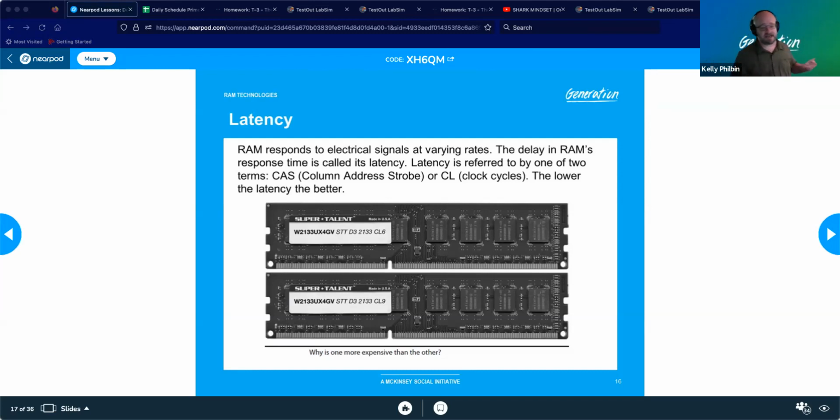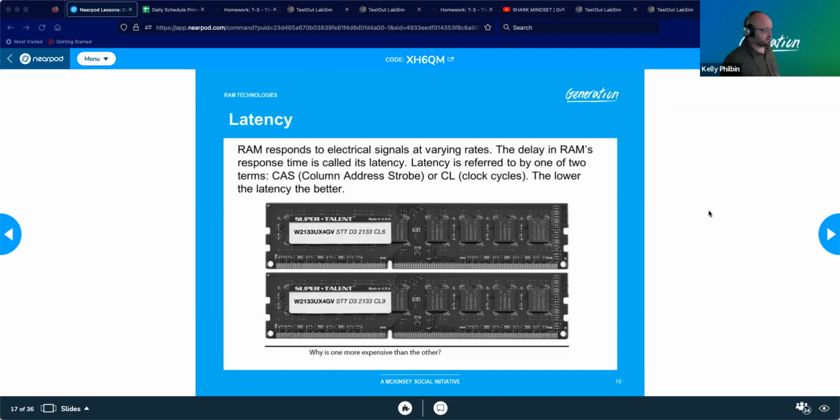Well, delay can come in all different places. RAM is another one. And so on your RAM modules, they'll give you your PC speed rating, which right here would be your PC speed rating, this is 2133. And then they will give you a latency number, and they refer to it in one of two different ways. So they will either talk about it as column address strobe, or CAS, or CL for clock cycles.